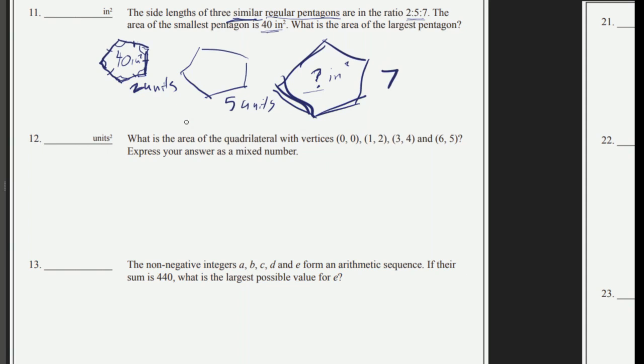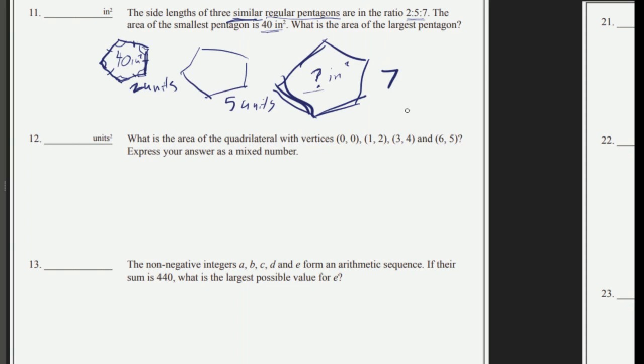Because they're all pentagons, and... or wait, no. So you just take the area of this one and multiply it by the side length of this one?